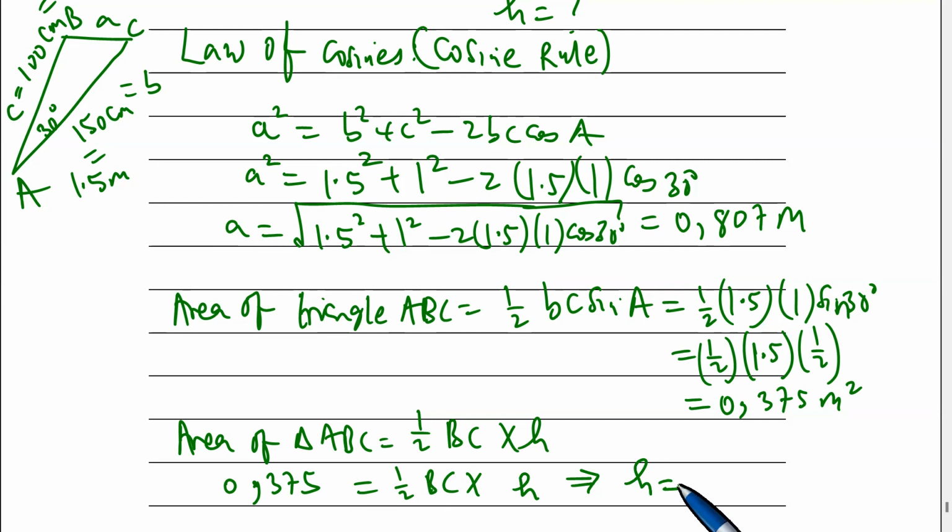So if you manipulate everything, you multiply it through by the 2, and you divide, because this is a, but it's also BC, this one. So yeah, h is going to be 2 into 0.375 divided by BC, which is 0.807. BC is this one.